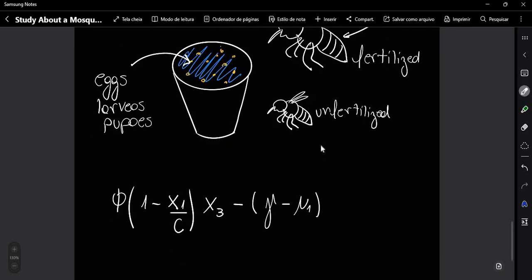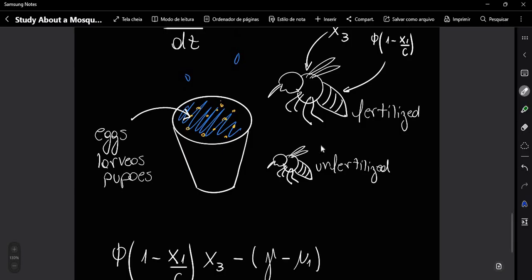Gamma is how much of these eggs and larvae and pups will pass to the winged phase, how many of the individuals in this first stage will turn into mosquitoes.